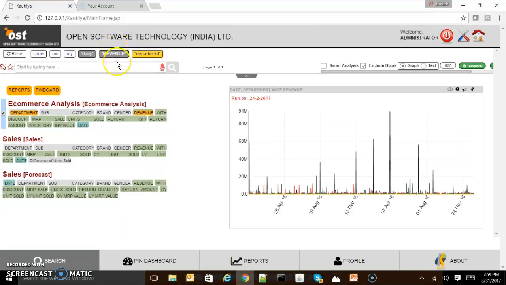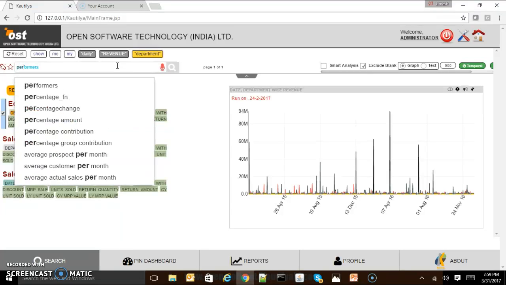Now I say, okay, I'm seeing this on a daily basis, but what I want to really see is not just my daily revenue by department, but I want to see daily revenue by department as a percentage contribution.